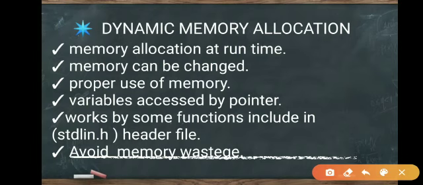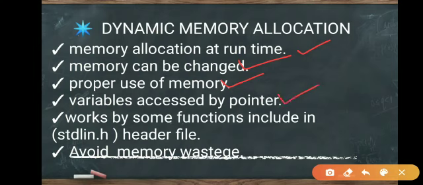Memory is allocated to a variable at runtime as per the user's requirement. And the most important thing is that memory size can be increased or decreased as per our requirement. So I have written here that memory can be changed so that proper use of memory happens. Variables are accessed by pointer.